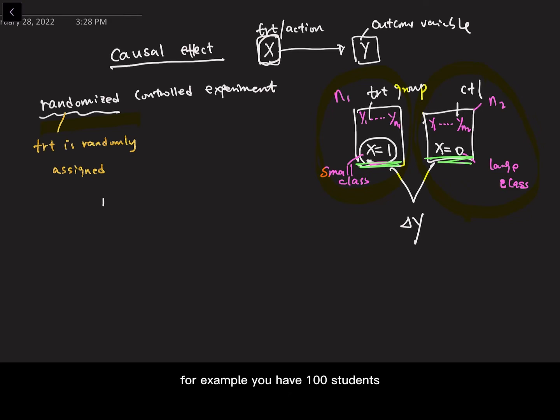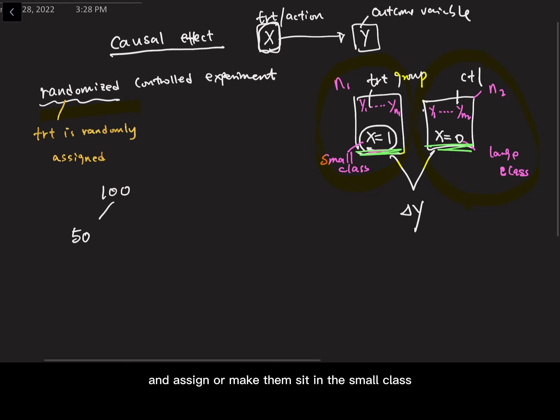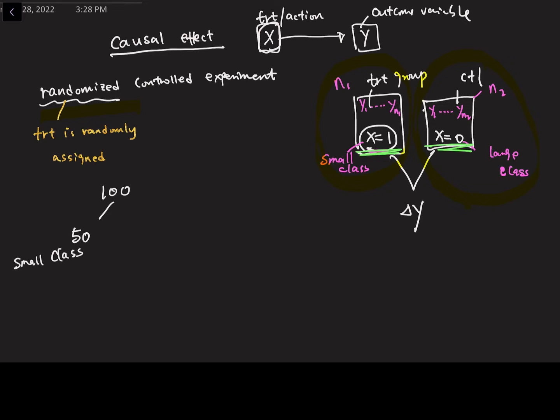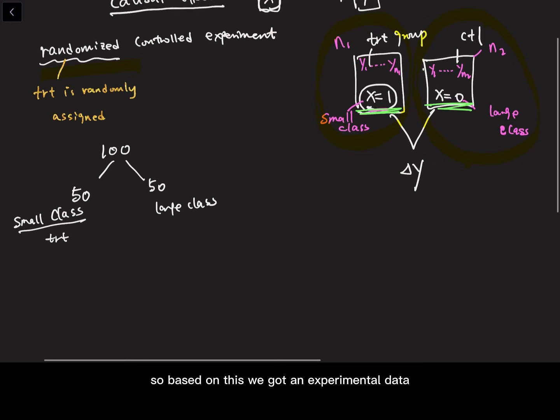For example, you have 100 students. You randomly select 50 students and make them sit in the small class, and the rest of the 50 students, just make them sit in the large class. The treatment is randomly assigned, so we got experimental data because this is an experiment, right?